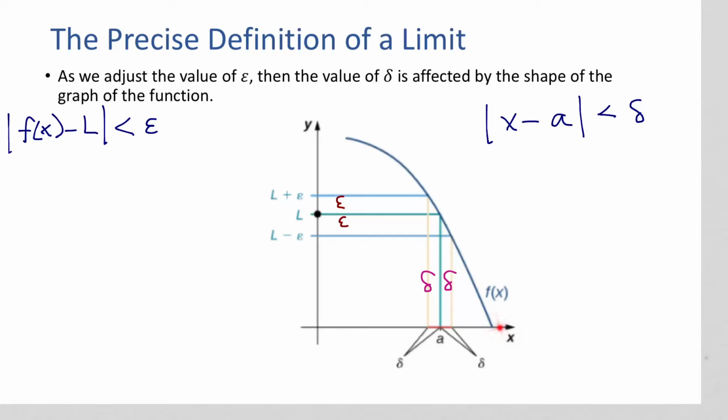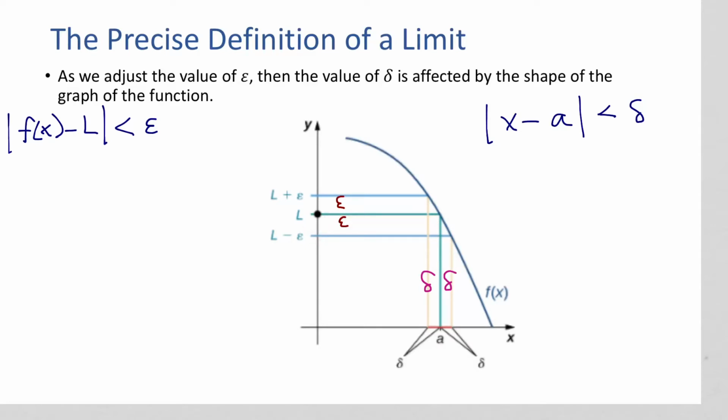So if we make these two yellow lines get closer and closer to a, where they hit the graph of f of x and then go over horizontally to the y number line is going to change. The closer I get to this value of a, then the closer I'm going to get to the value of L.